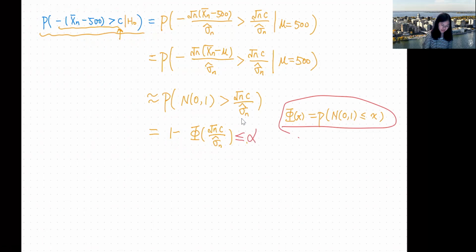And you will see that this implies phi of root n c over sigma n hat is greater than or equal to 1 minus alpha.